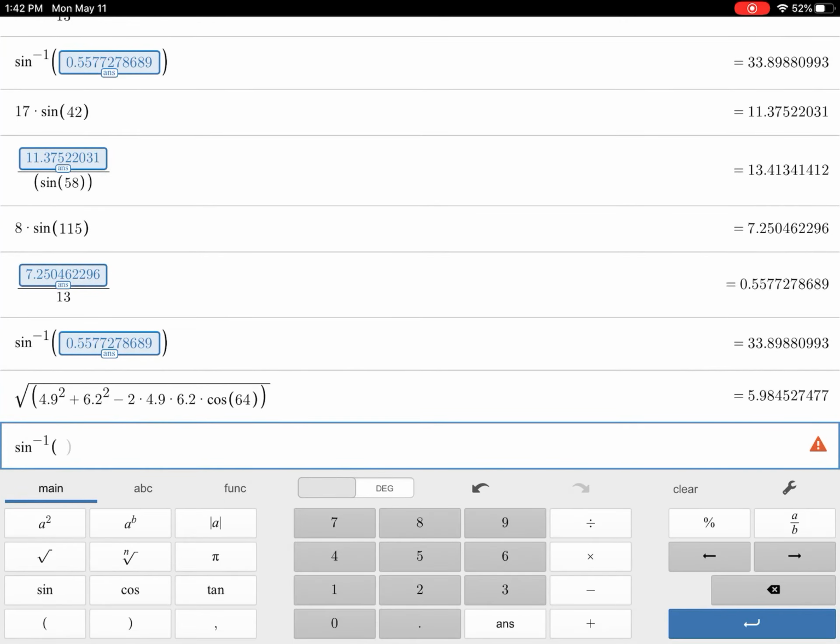BEDMAS, that division and multiplication doesn't matter. 4.9 is technically over 1, so it's multiplied by the top. So that would be 47.43. So we get the answer for D of 47.43.